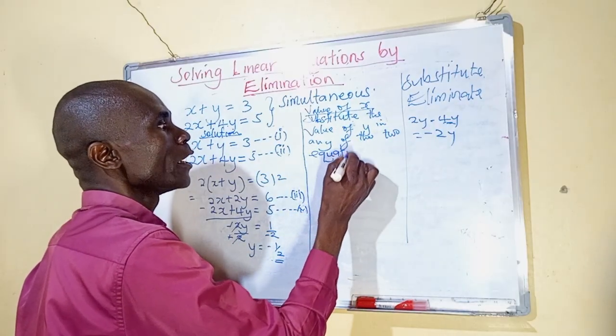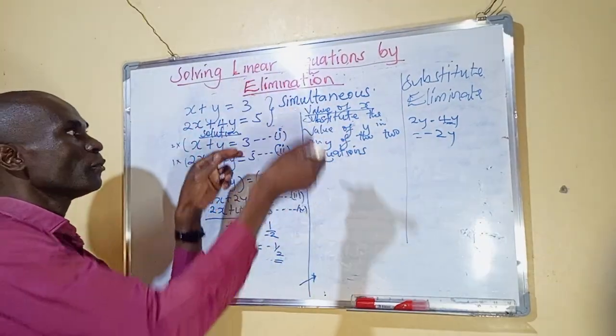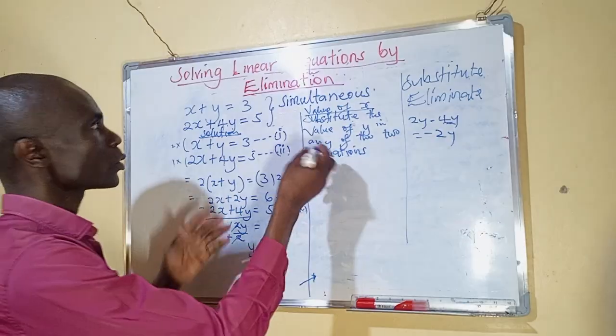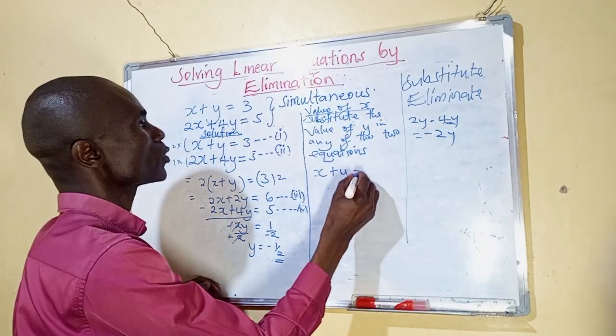Because you have the value of y, you can infuse it back into any of these. So let's say we substitute it into the first equation, x + y = 3.